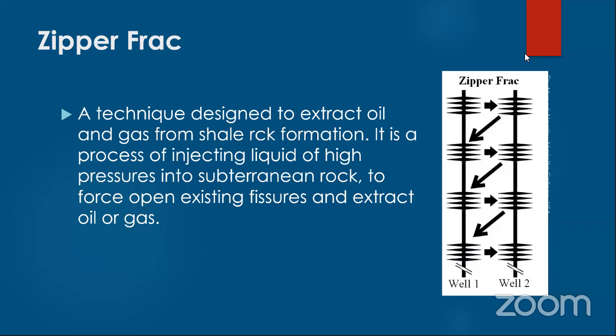Sharif Muhammad is asking, can we reuse the injected fresh water after the well is put on production, for fracturing other wells? Yes, we do that. There is a flowback whenever we frack the well. As I told you, we inject like 4 million gallons of water for only one well. So whenever you open that well for production, you get like 30, 40, 50% of that water back as backflow.